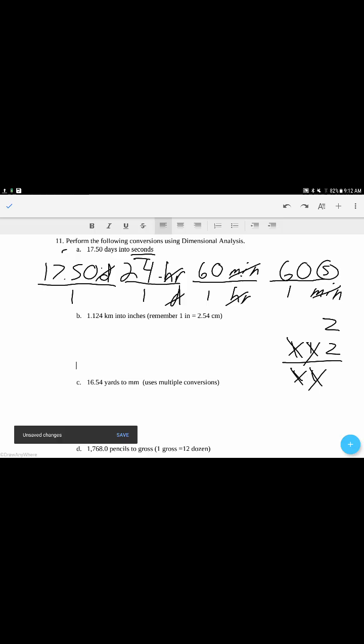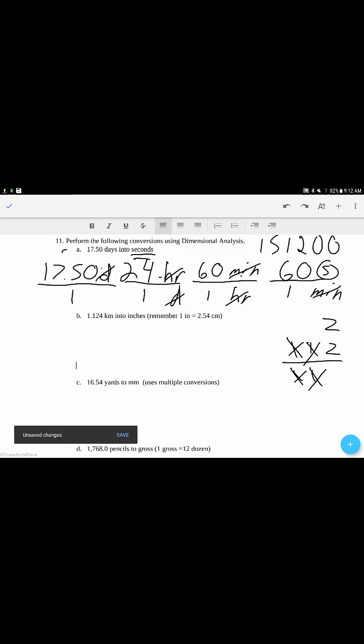So now we just take all of our top numbers and multiply them together. 17.5 times 24 times 60 times 60. And we get a really big number, 1,512,000.